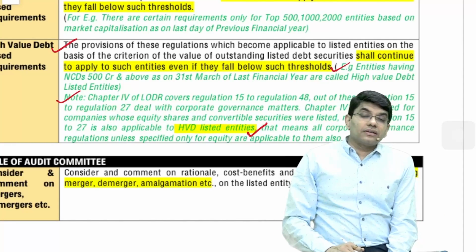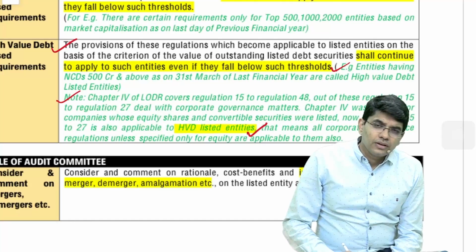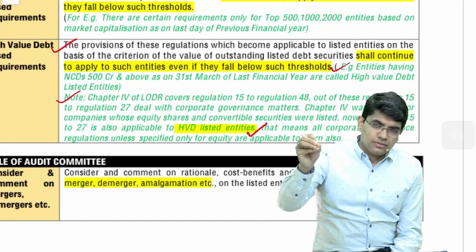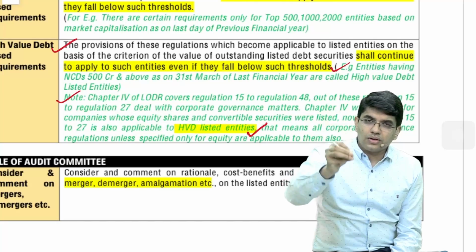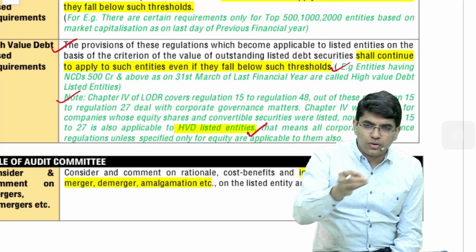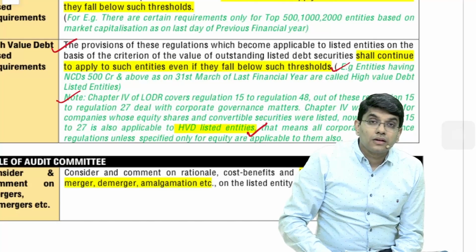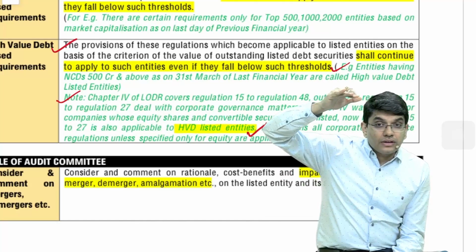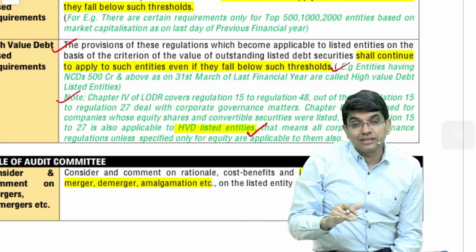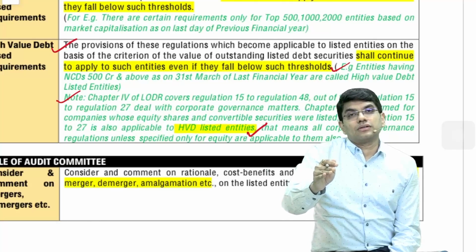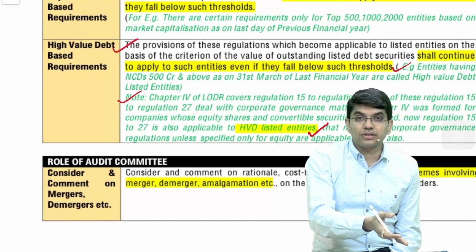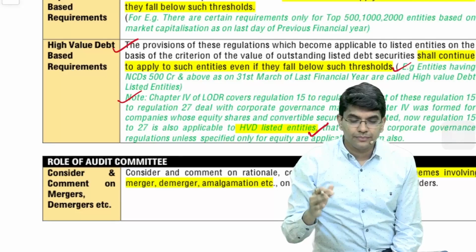And what is interesting is, if an entity is HVD because its debentures are 500 crore or more in the previous year, even if debentures go below the limit, still it will remain HVD. Similar to what we have studied in market capitalization. Once you are HVD, you will be always HVD. Again, that's interesting.